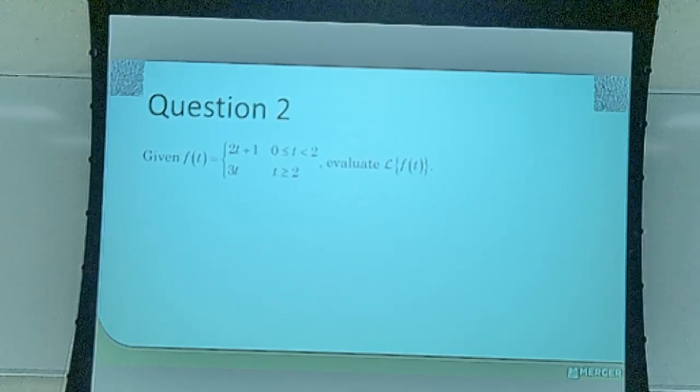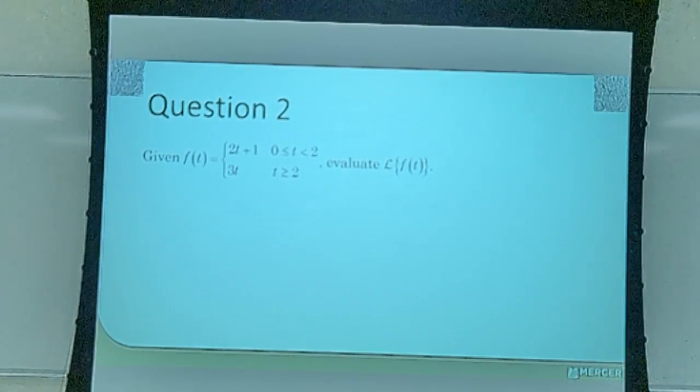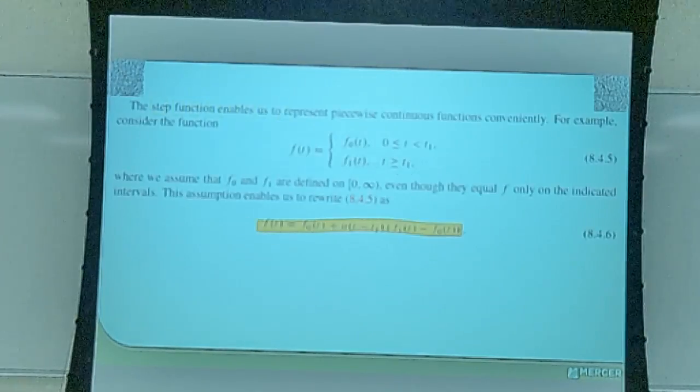Here we're given f of t. It's a piecewise function, and we want its transform. The first thing we want to do is write f of t in this form.